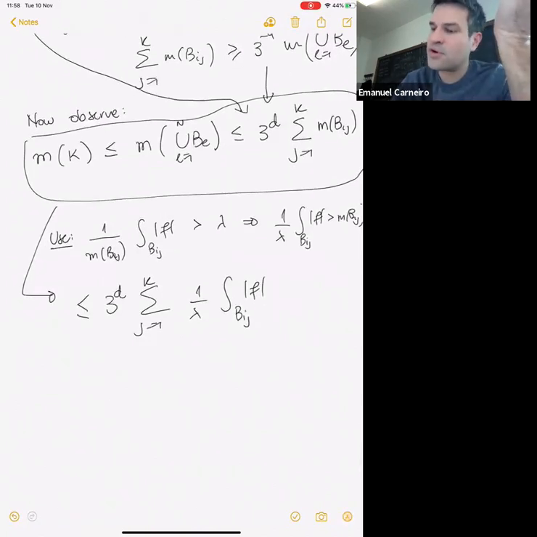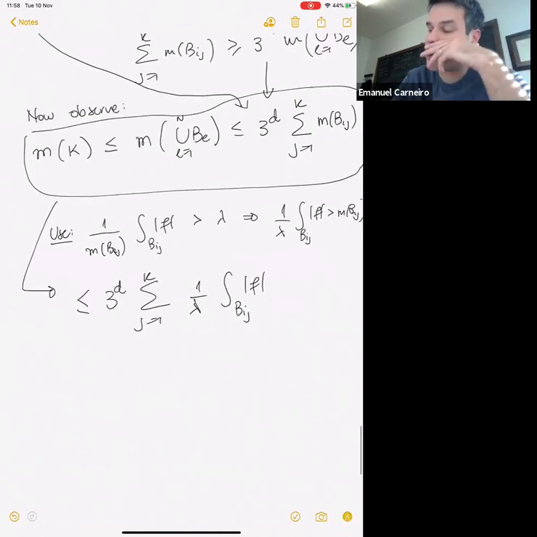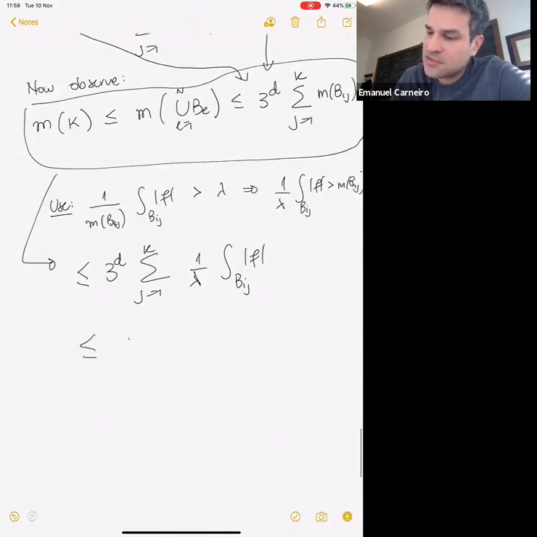And why is it important to have the balls disjoint? Because the sum over the integral of f over these balls is less than the integral of f over the whole set, say over Rd.